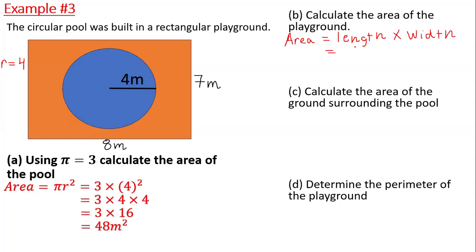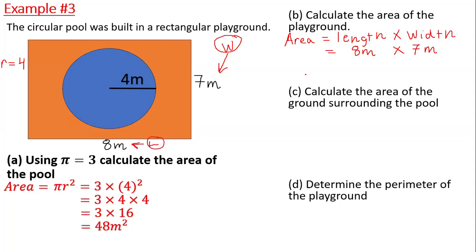So it's going to be 8 meters, multiplied by 7 meters. We got that because this is the width, W, and this right here is the length.